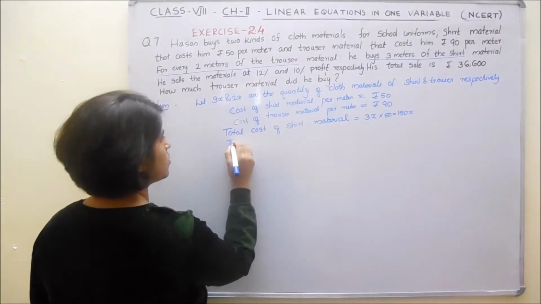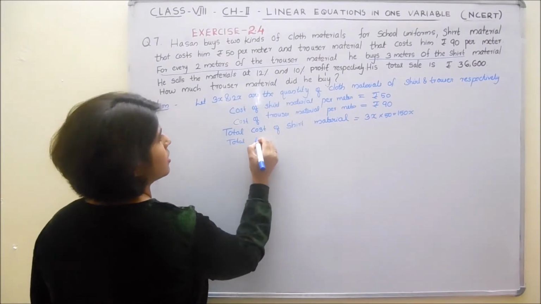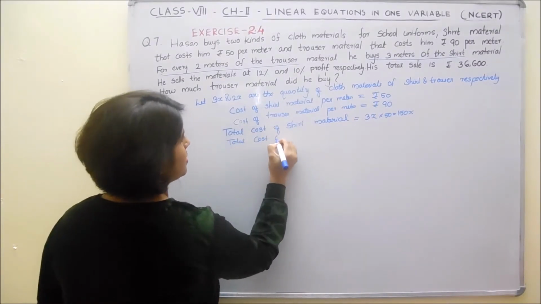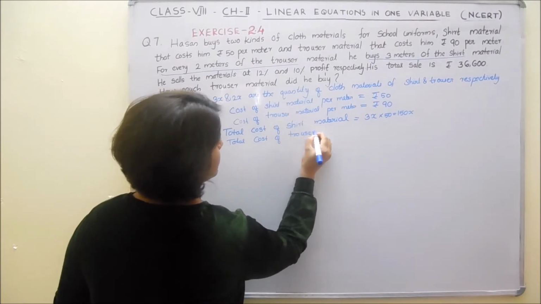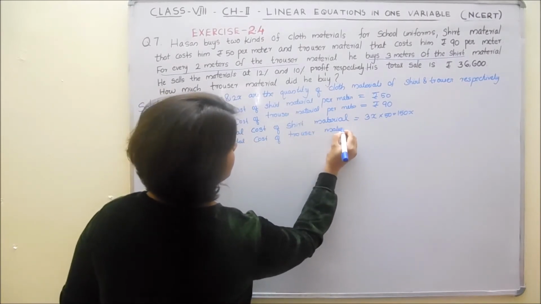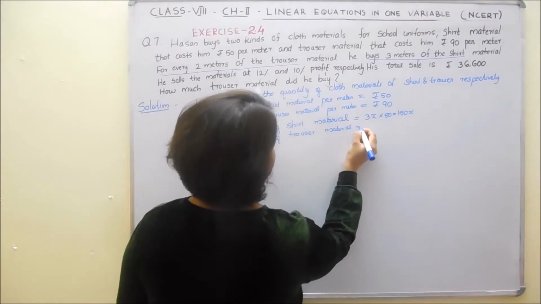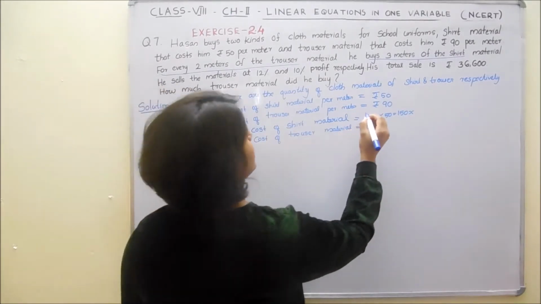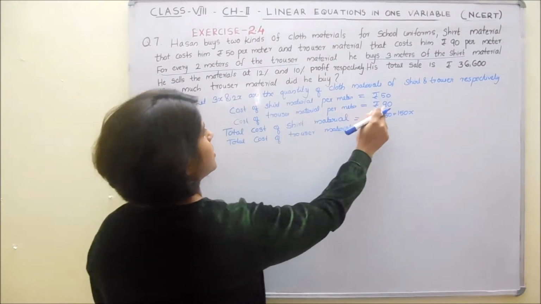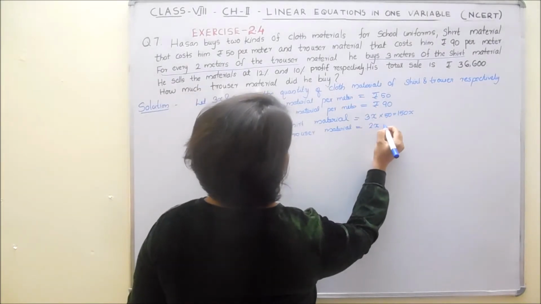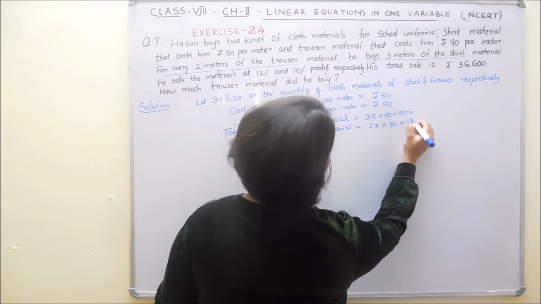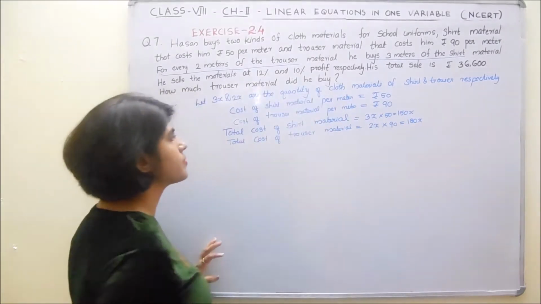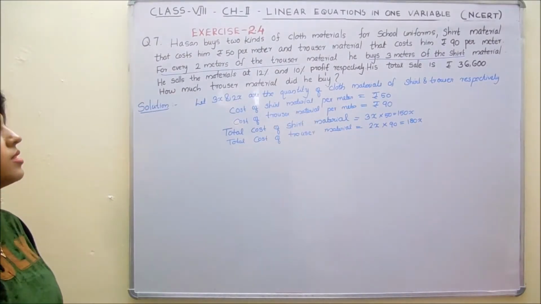Then what would be total cost of trouser material? It would be 2x into 90, which is equal to 180x. Clear till this? Okay.